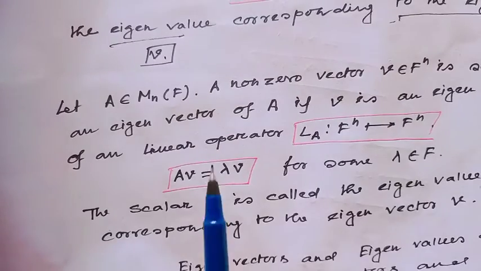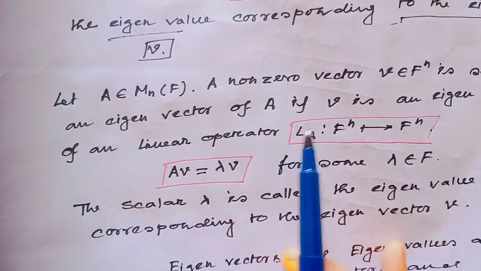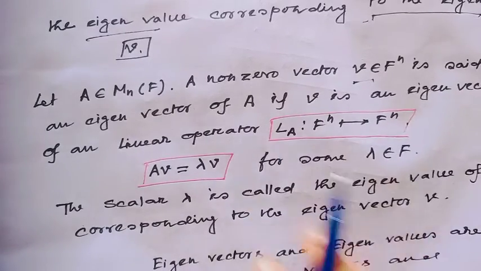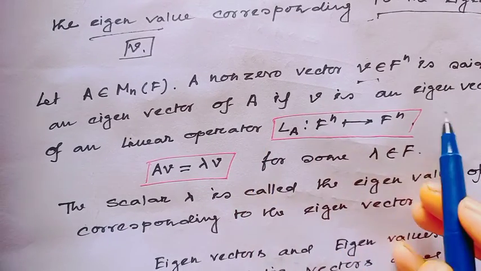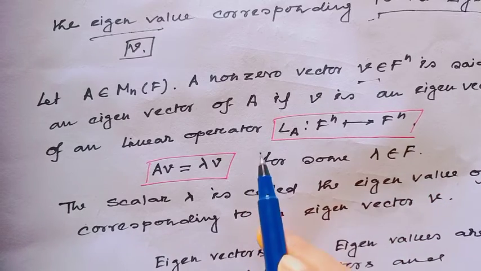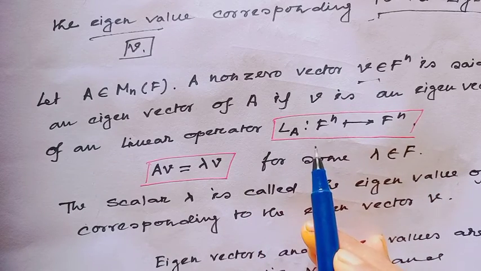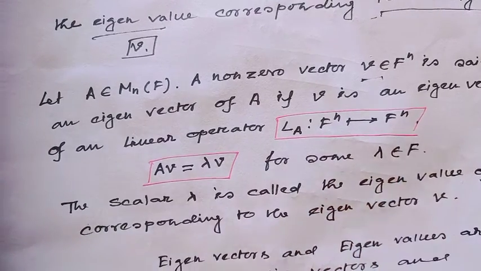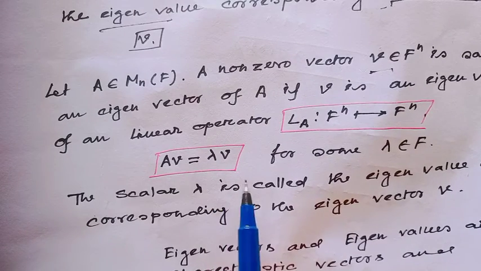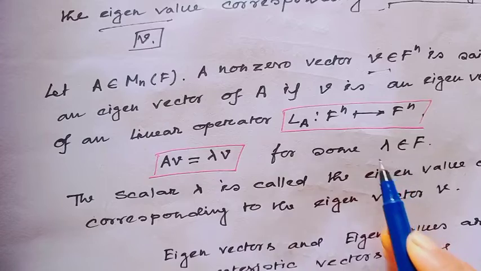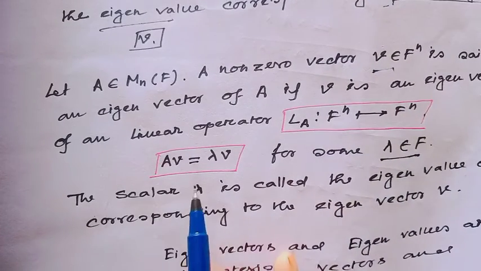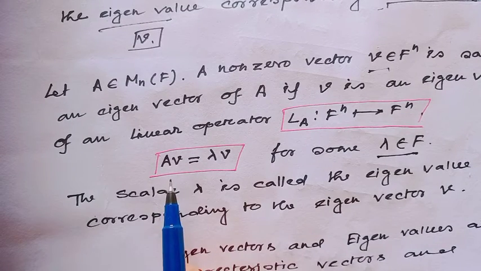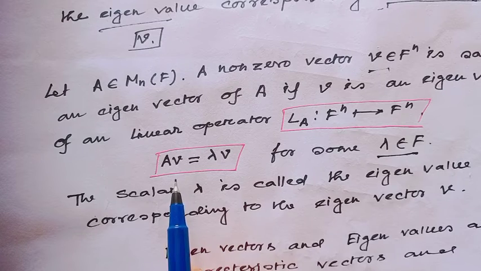As an example, consider a matrix A. Then a non-zero vector v is said to be an eigenvector of the matrix A if this v is an eigenvector of a linear operator denoted as L_A from F^n to F^n, such that Av equals lambda times v for some lambda belonging to F. And Av equals lambda times v looks like a function f(x).